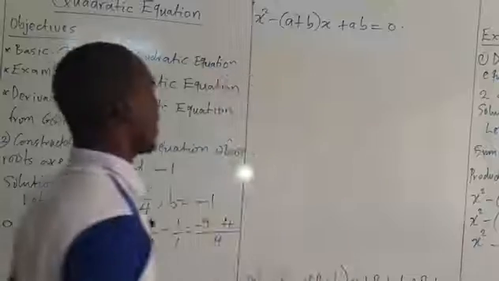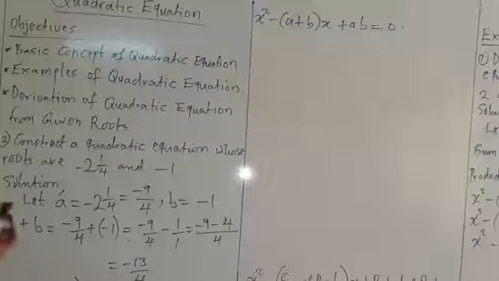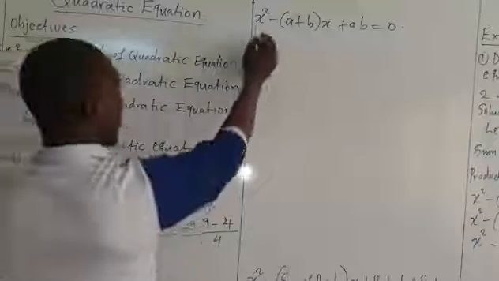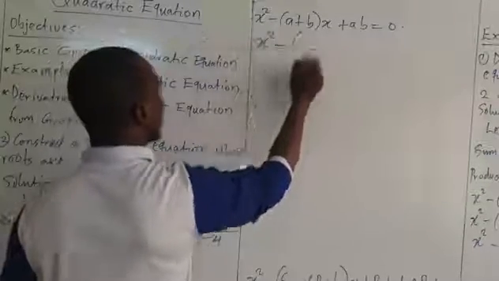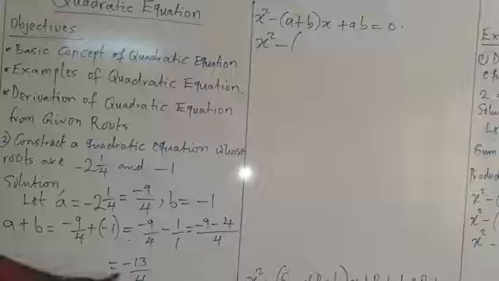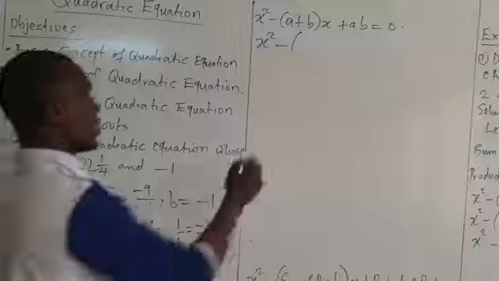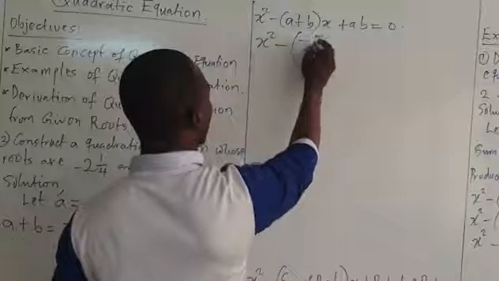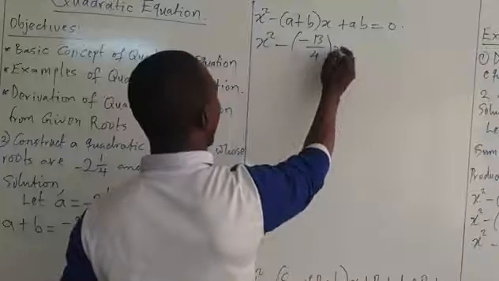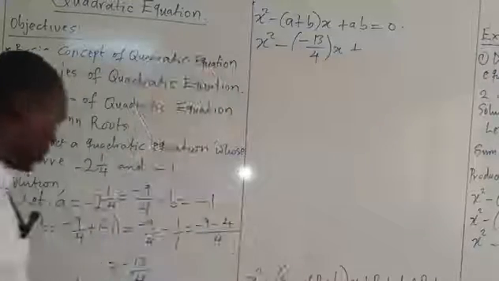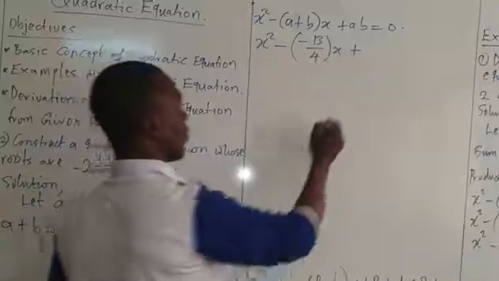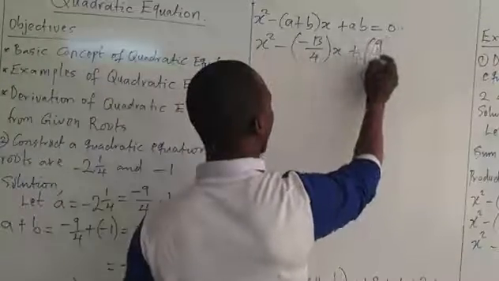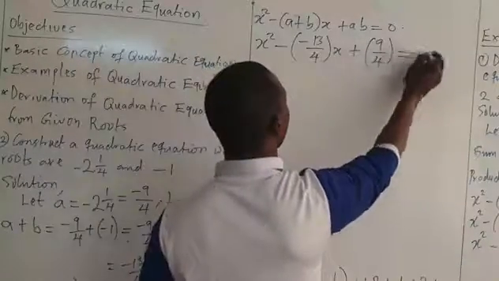So that's the formula to use to derive the quadratic equation or to construct the quadratic equation. So we have x squared minus, so what is the sum of the root? Sum of the root is minus 13 over 4. So minus 13 over 4 x plus ab is 9 over 4. So we have 9 over 4 equal 0.